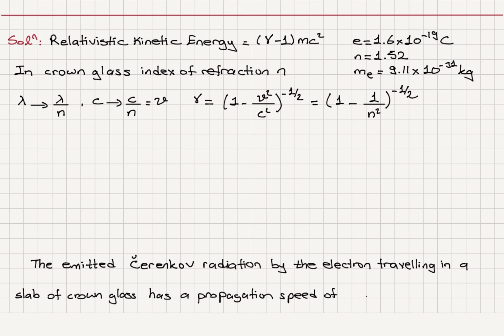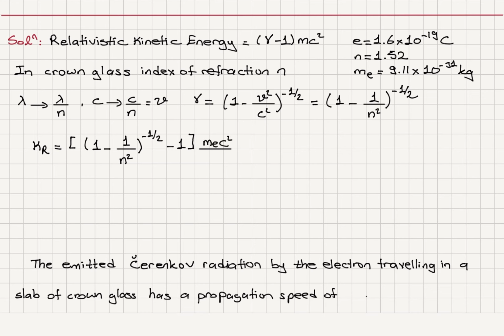So with that, our relativistic kinetic energy becomes gamma minus 1, which is 1 minus 1 over n squared to the power minus 1 half, minus 1, times mc squared, the mass of the electron times the speed of light squared.